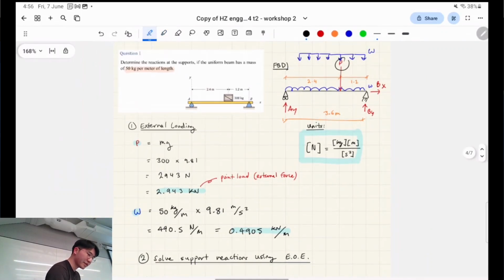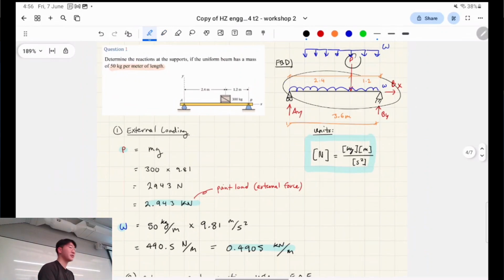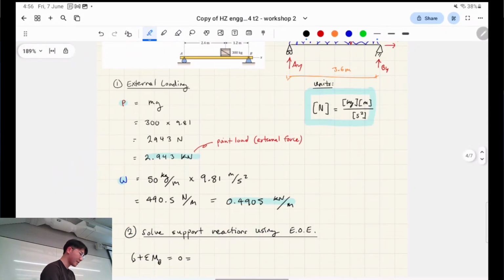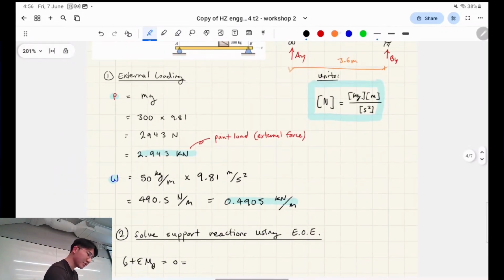Essentially, when you see a distributed load, it's typical that we express it in terms of kilonewtons per meter or newtons per meter rather than a point load, which is just in kilonewtons or something. So let me just write that out.